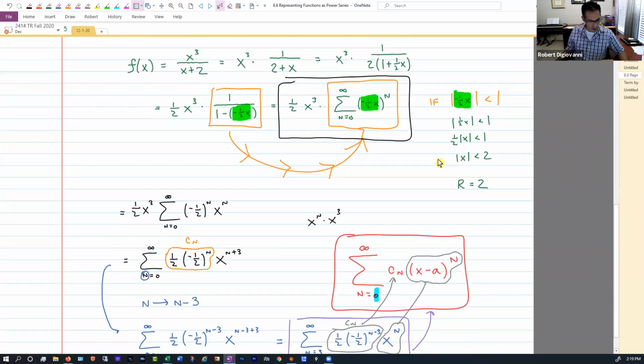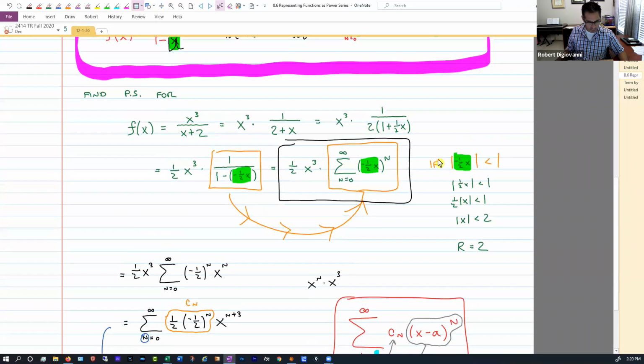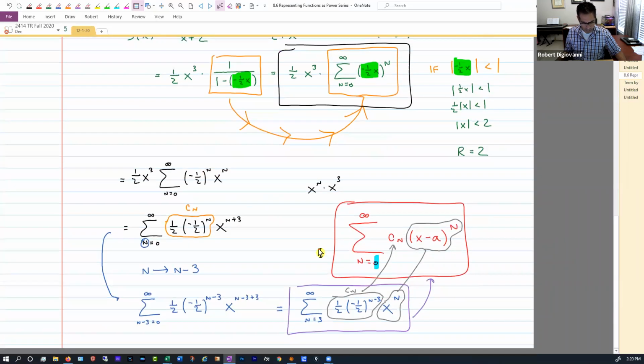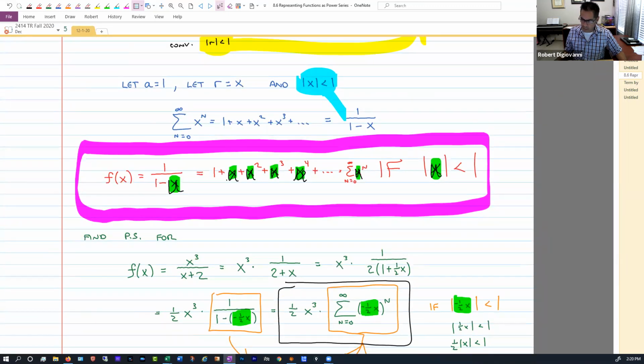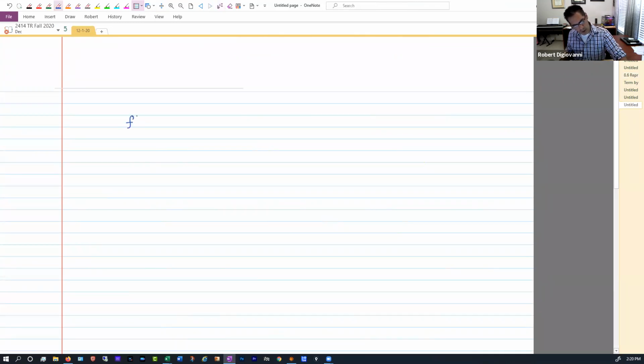Okay, I want us to look at this one right here that we did earlier. Want its power series. Where did we put its power series? This one right here. Okay, the function was x cubed over x plus 2.